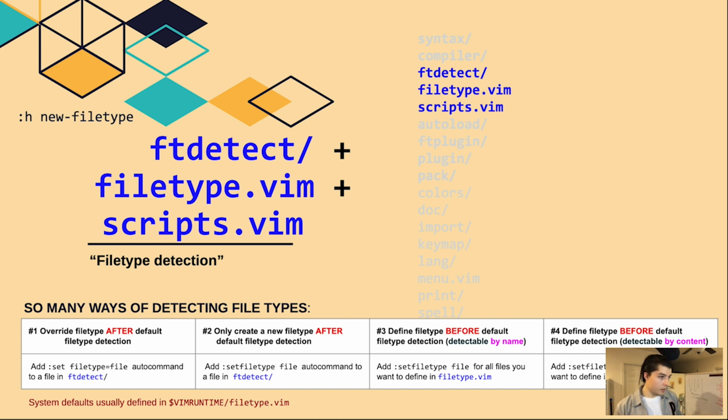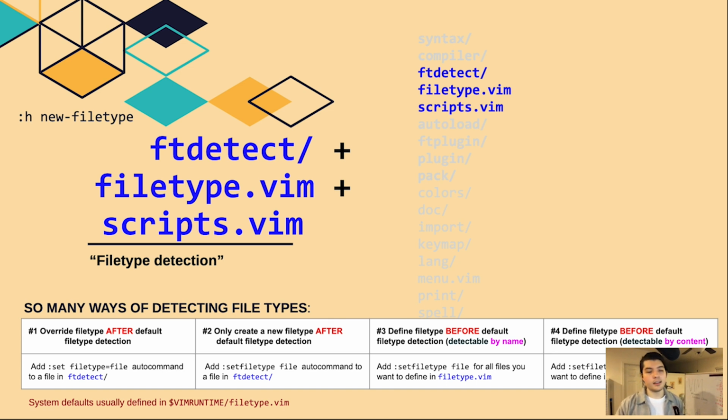Or you can basically create a completely new file type after the default file type detection inference. We're going to focus on number 3, which is basically defining a file type before even the default file type detection is done.